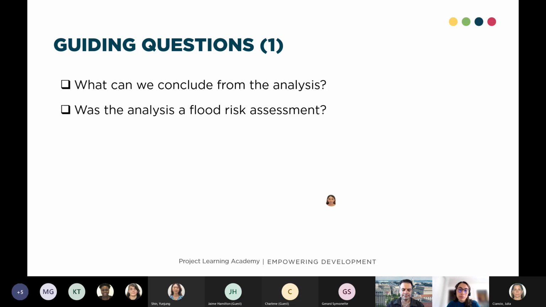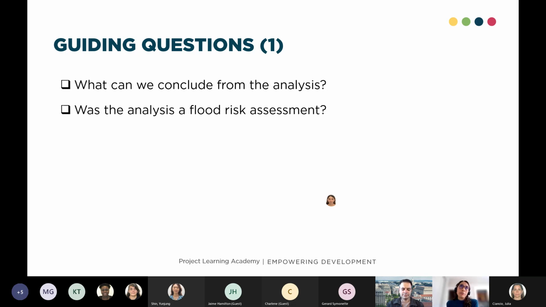But here the important thing is that we have both hazard, that's the floods, and exposure, so we see how our project, that's the park, and the nearby communities may be impacted. But what we are missing to consider this a risk assessment is vulnerability.